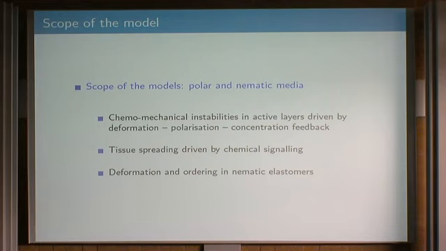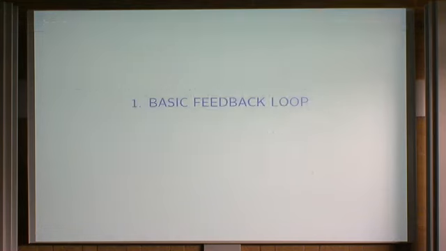And my last work, my current work, is not on biological but on biomimetic materials, where we have much more information and we have much better control of the systems.